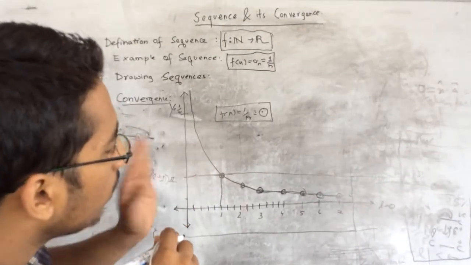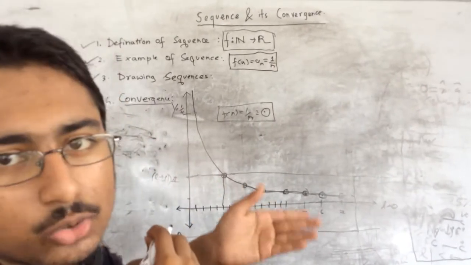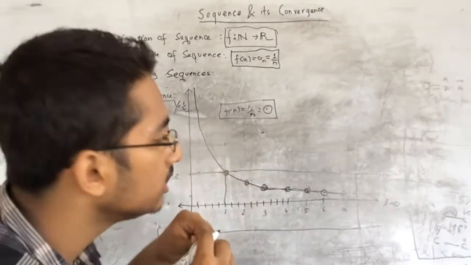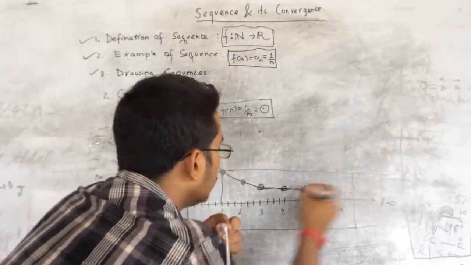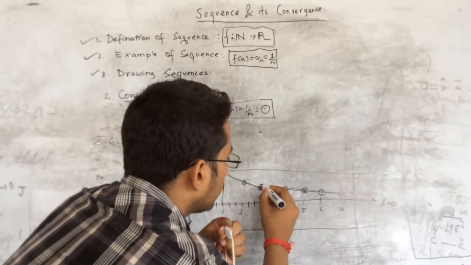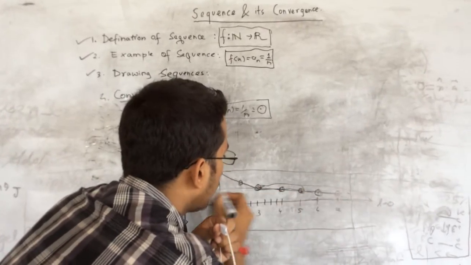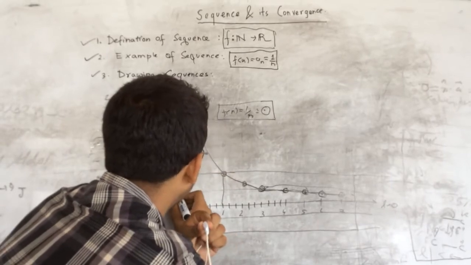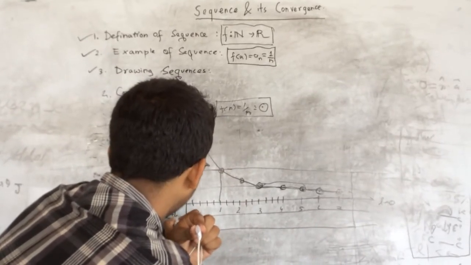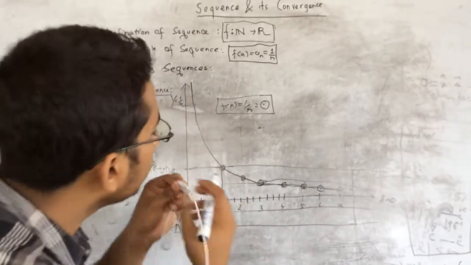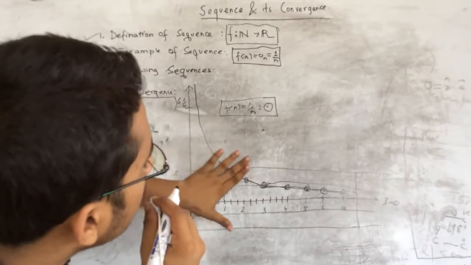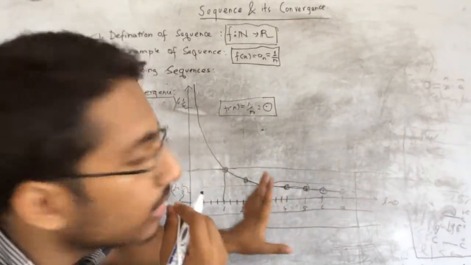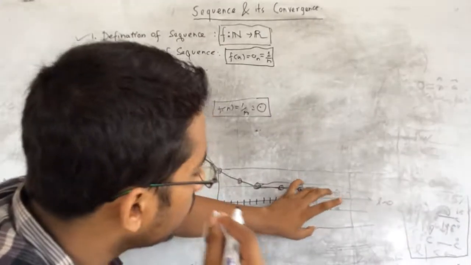So let's try to take another, smaller interval, a strip of line. Let's take 1/3, so L plus 1/3 to L minus 1/3. The first few numbers are not in the strip, but after a certain point all the numbers are within the strip.